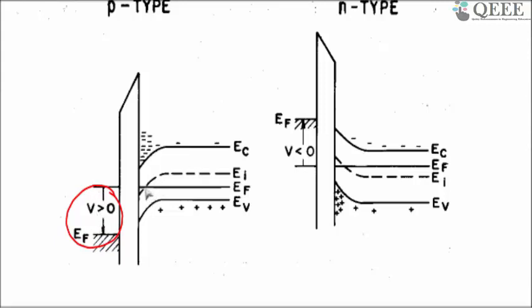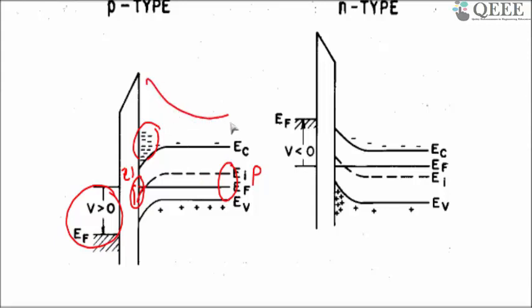Now we have reached a case where the EI has crossed down below EF. The substrate is p-type, so there are holes here. Whenever the EI is above EF, that means electrons are here, and depending upon how much it is above, that will decide the concentration. So the electron concentration increases in this direction.